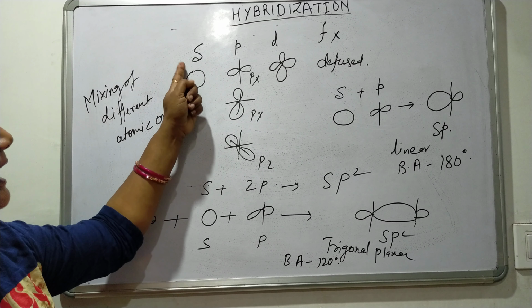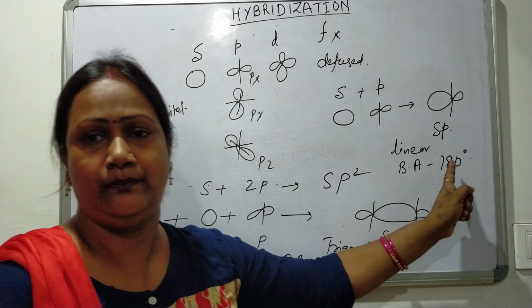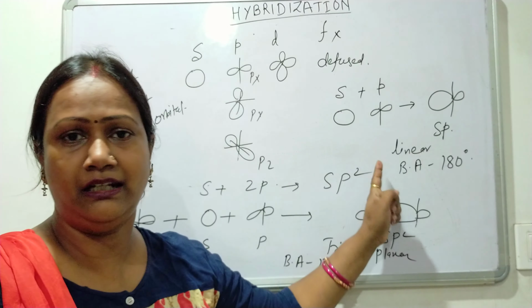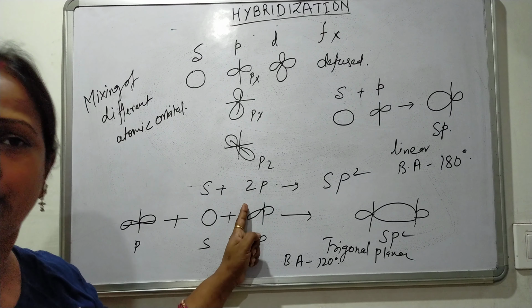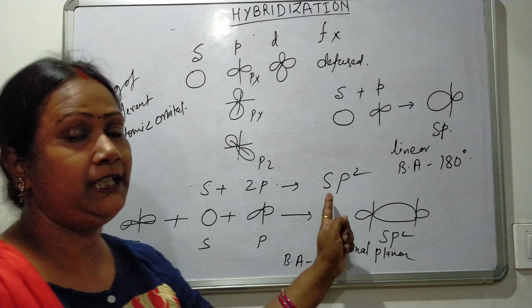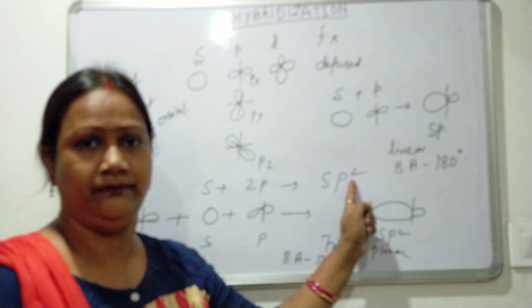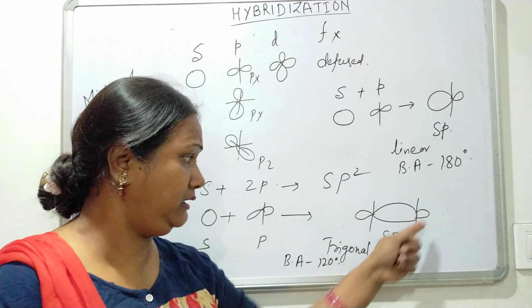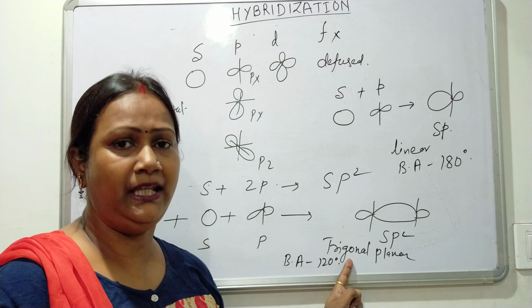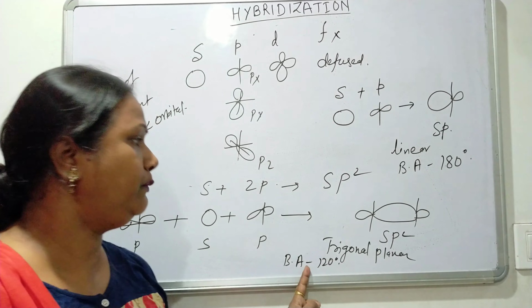When we mix s and one p orbital, we get sp orbital with linear structure and bond angle 180 degrees. And when we mix one s orbital and two p orbitals, we get sp2 hybrid, with trigonal planar structure and bond angle 120 degrees.